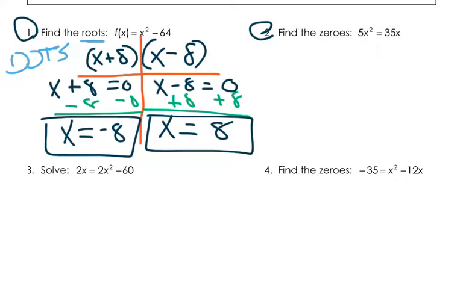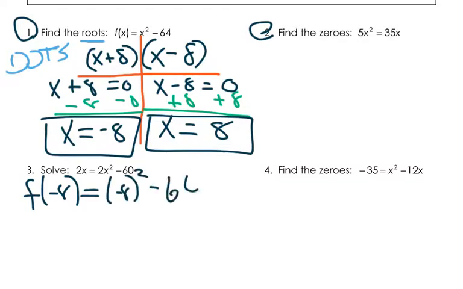If we wanted to check, you would check one at a time. I'm going to go down here, but I know you have more room in your notebook. When x is negative 8, plugging into this equation, I would have negative 8 squared minus 64.